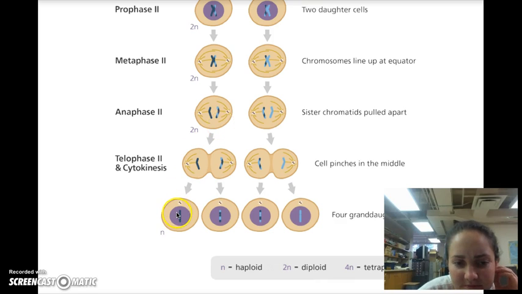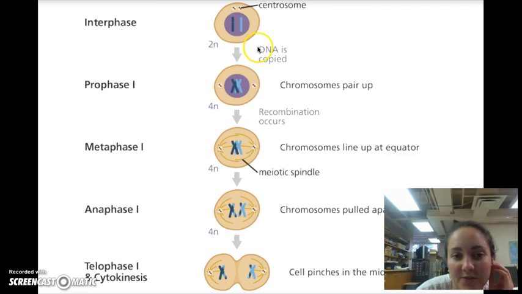So meiosis produces 4 granddaughter cells, all with 23 chromosomes. Not 23 pairs, but only 23. If we go back, we started out with 46 in a normal cell. They all replicated to make 92.